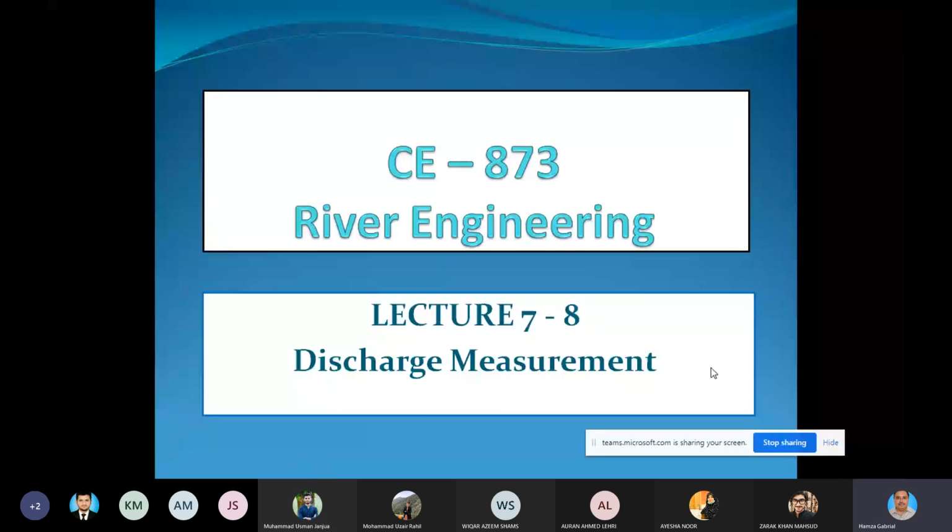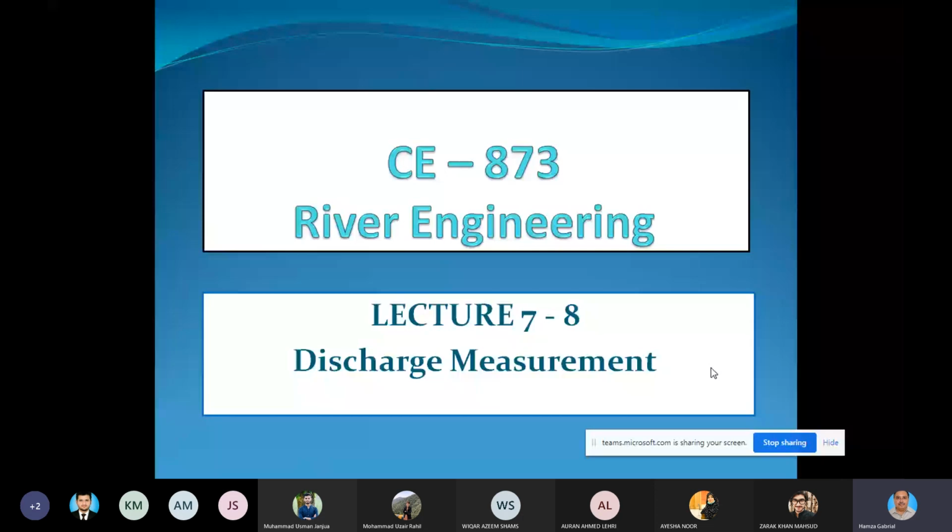And in the last lecture we discussed how the data of water level and bed levels is collected through various instruments. Now we come to a very important parameter, discharge measurement. How discharge is measured through different techniques, methods, or devices.